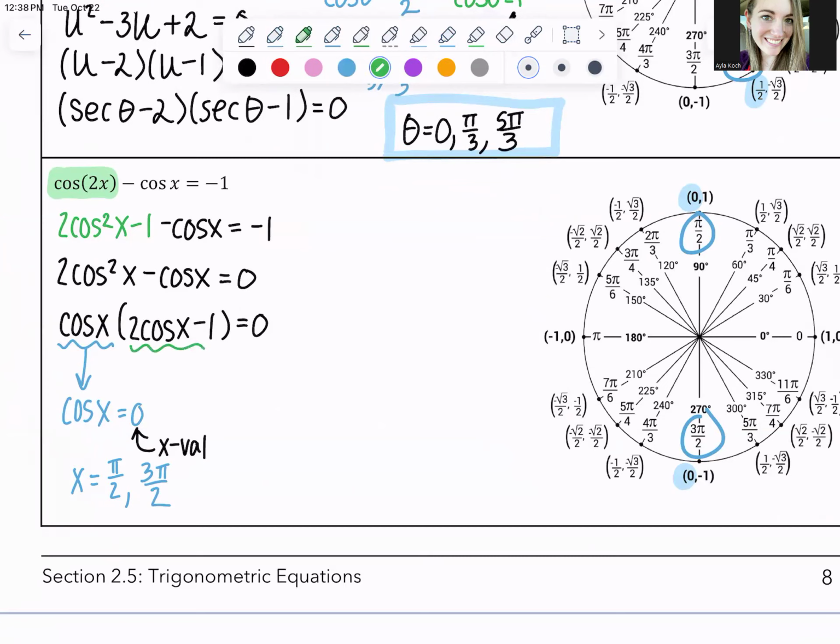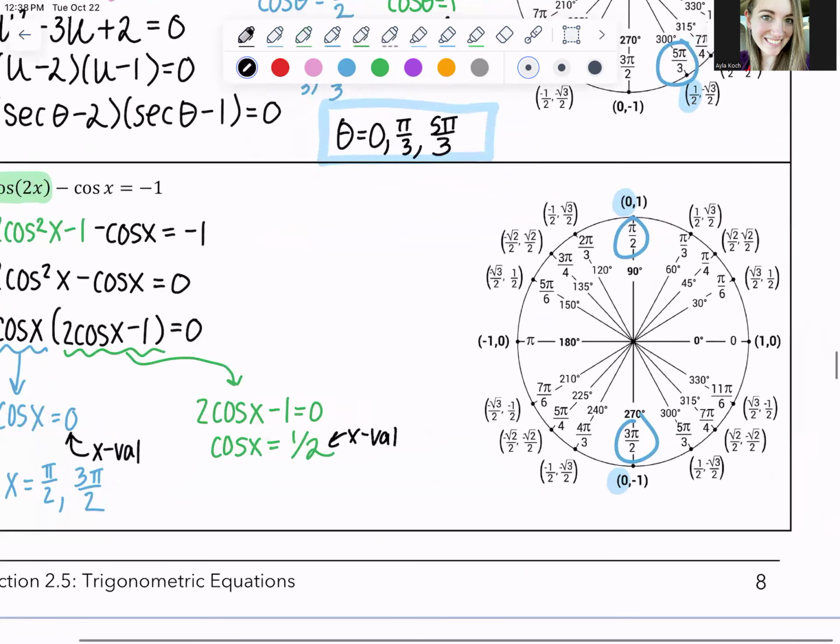And then for this second equation, 2 cosine x minus 1 equals 0. Cosine x is equal to 1/2. I then am looking for x values. So where on the unit circle are the x values 1/2?